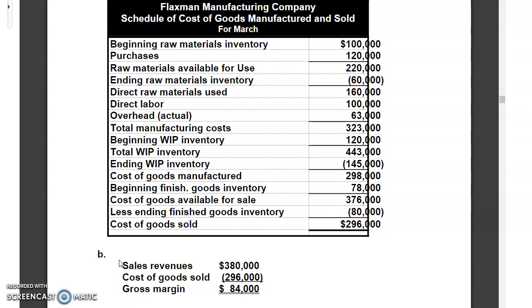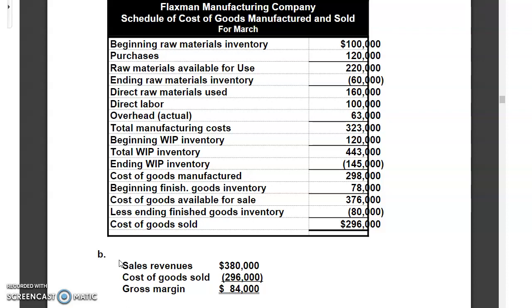Then we take out what we have left, our ending raw materials inventory of 60,000, to get direct raw materials used, 160,000. So it's always going to be beginning inventory plus what we purchased gives us what we had available, minus what we have left gives us what we used.